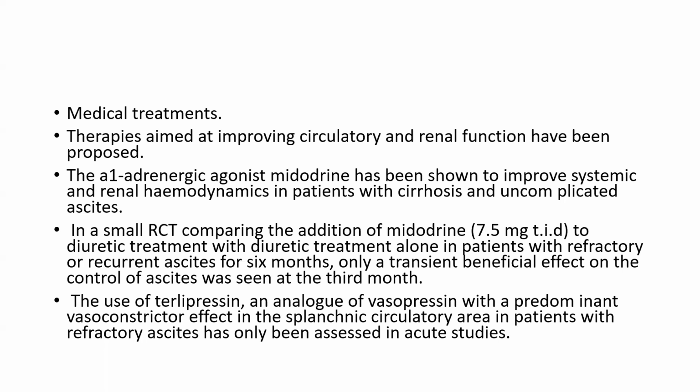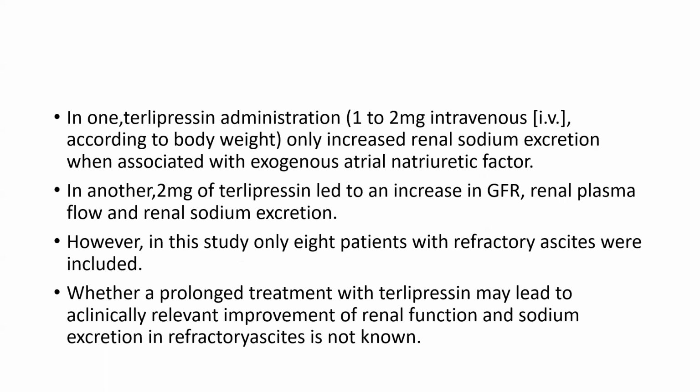The use of terlipressin, which is an analog of vasopressin with a predominant vasoconstrictor effect in the splanchnic circulatory area, in patients with refractory ascites has only been assessed in acute studies. Terlipressin administration in a dose of 1 to 2 mg only increased renal sodium excretion when associated with exogenous atrial natriuretic factor.